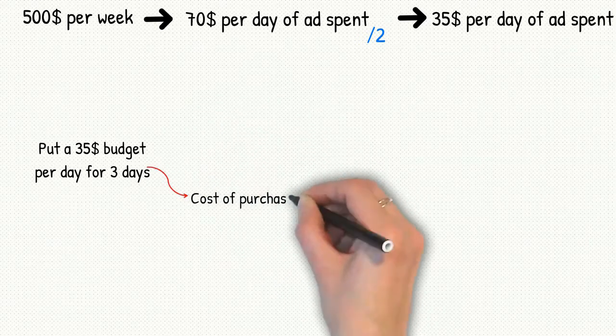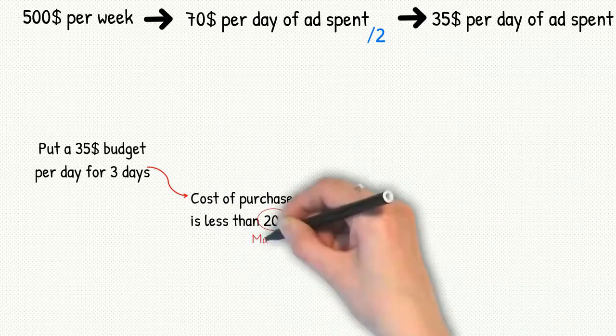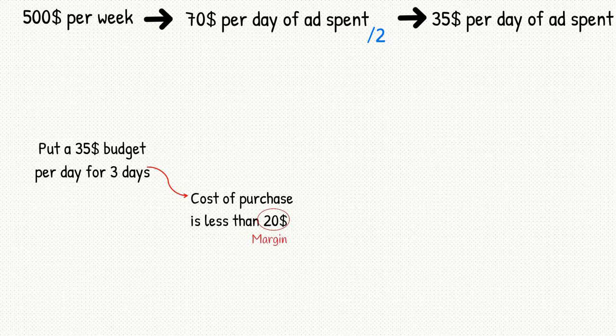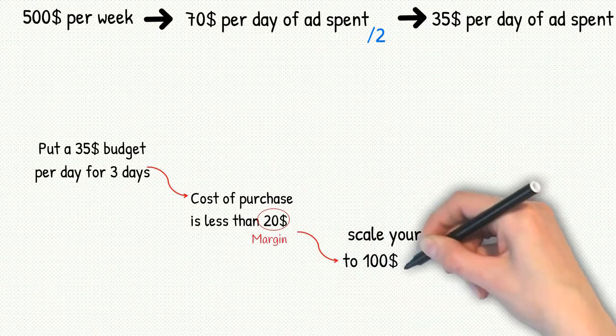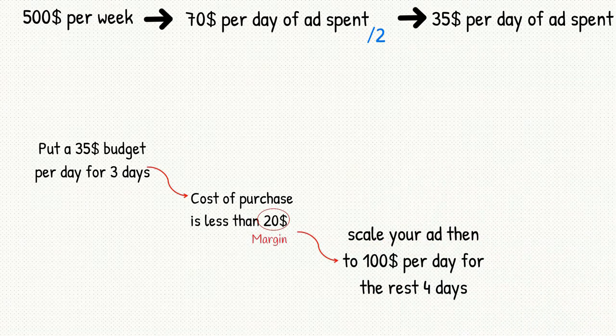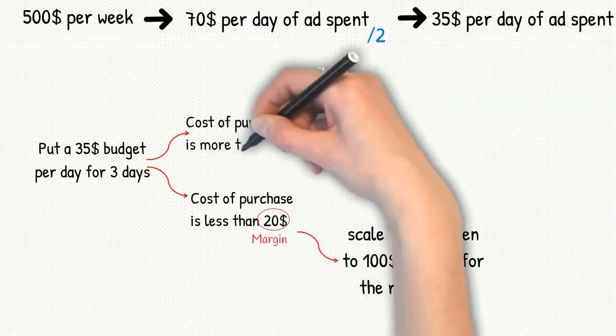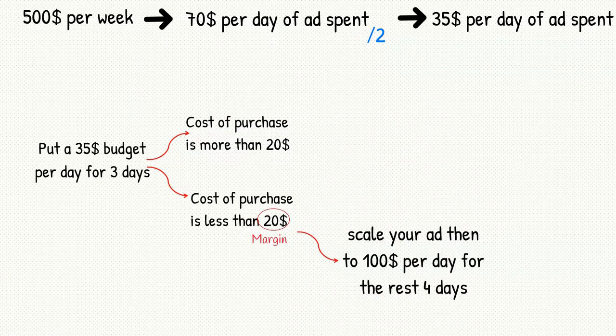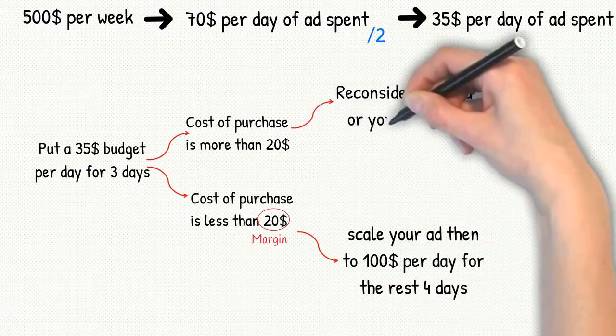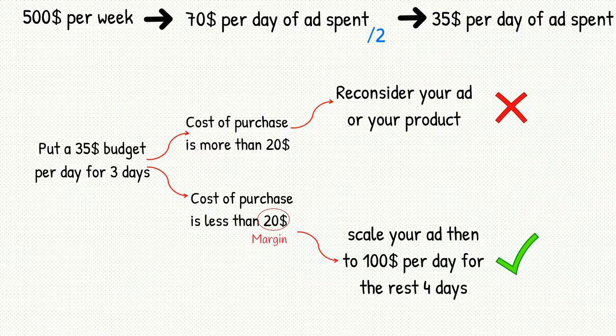If your cost per purchase is less than $20, which is your margin, then it's good. You can scale your ad then to $100 per day in order to get the 25 sales per week you need. If your cost per purchase is more than $20, you need to reconsider your ad or your product.